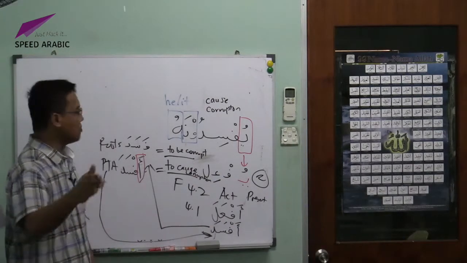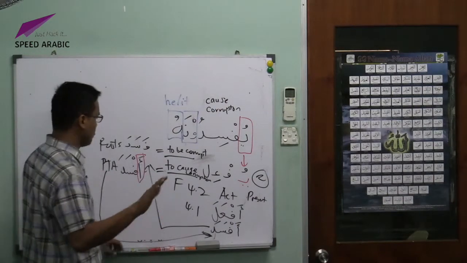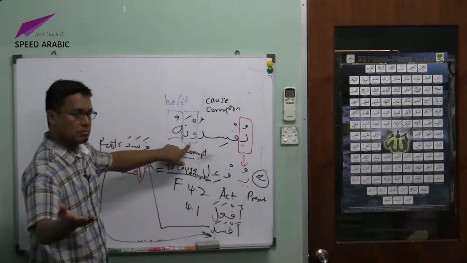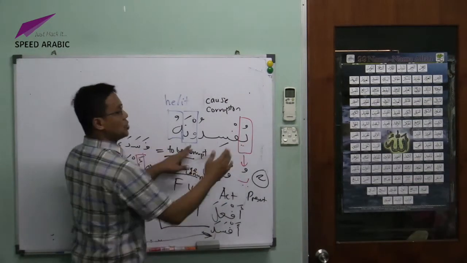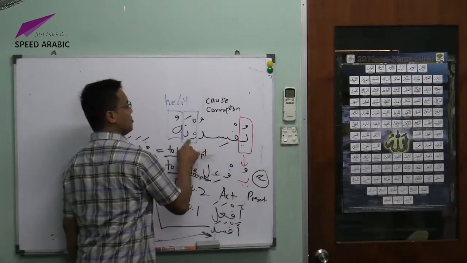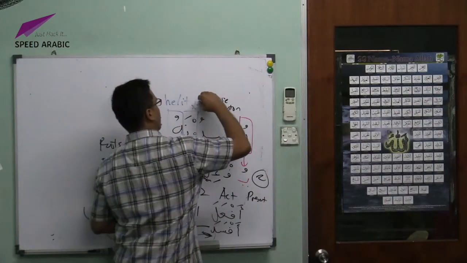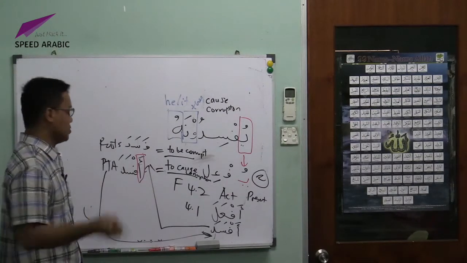Okay, so what's the meaning of yufsidu nahu? Okay, we haven't taken the waw nun. Waw nun can mean "you" or not. This is present. So you look at column number 13. Ya plus waw nun is equal to "they". Okay, so what's the meaning of yufsidu nahu?